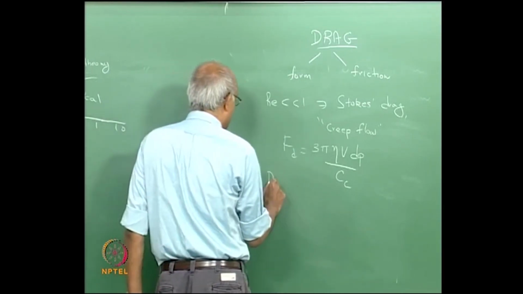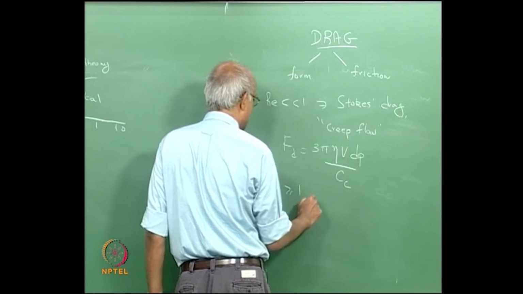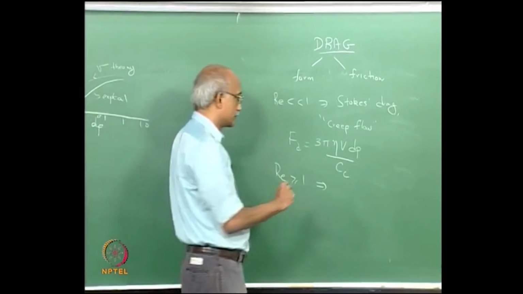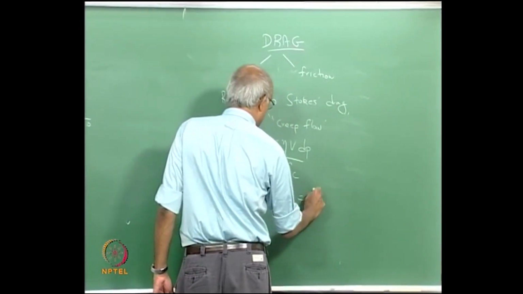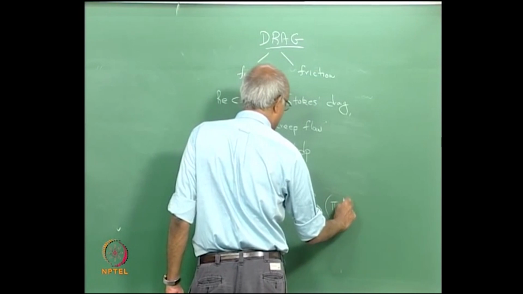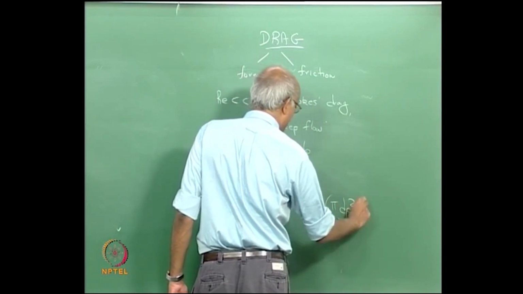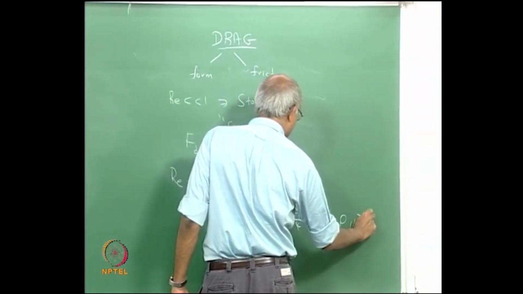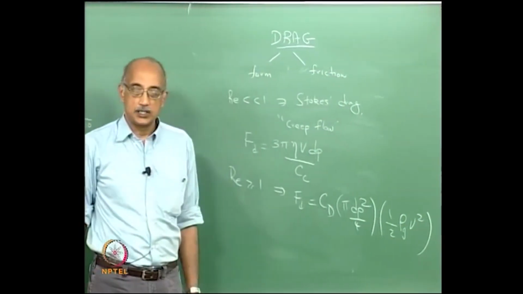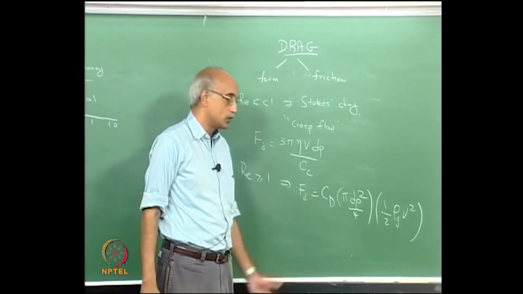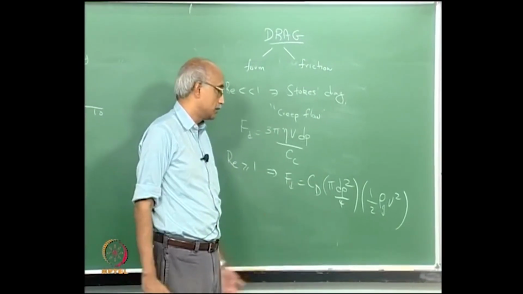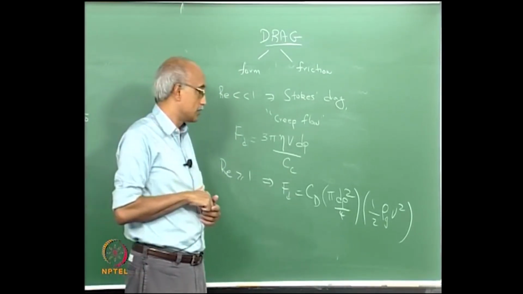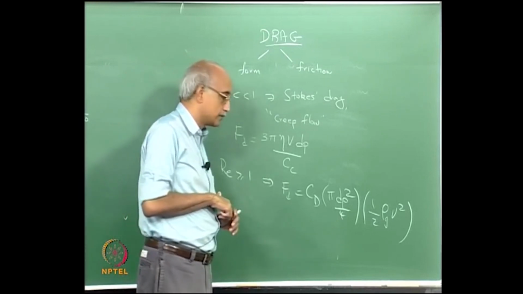When Re approaches and exceeds 1, the drag force becomes a drag coefficient multiplied by the area, pi dP squared by 4, times half rho g V squared. So CD is the drag coefficient, pi dP squared by 4 is the projected area of the particle, and rho g is the density of the fluid in which the particles are being carried.